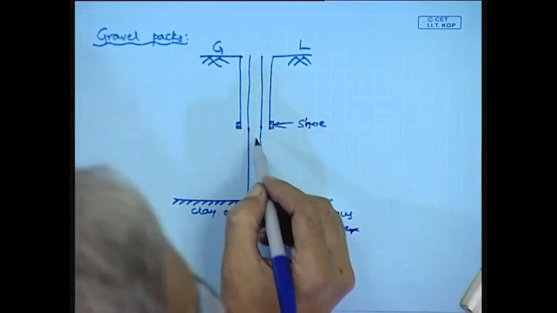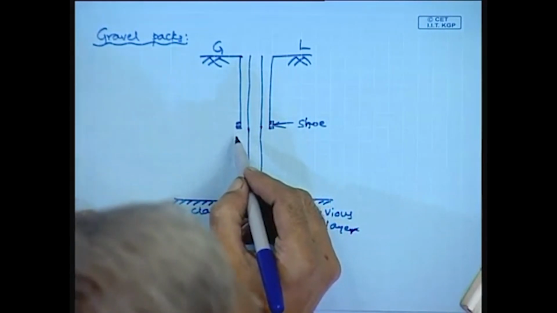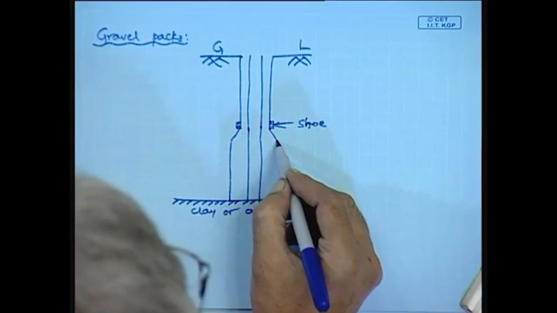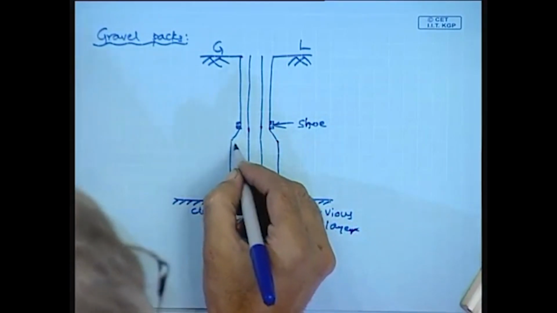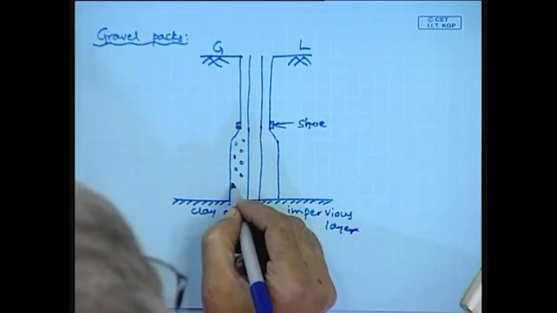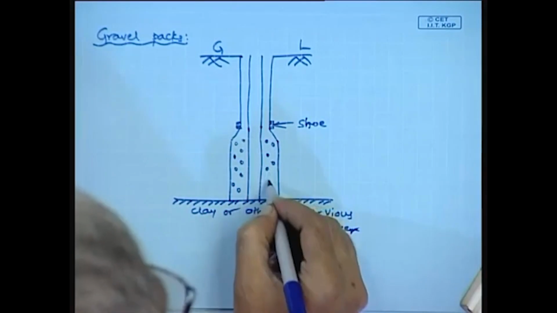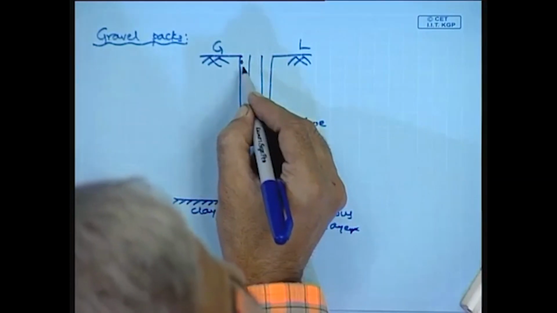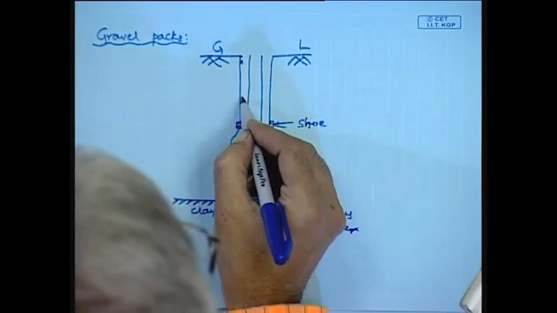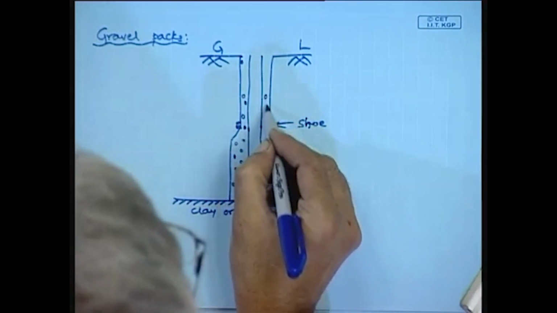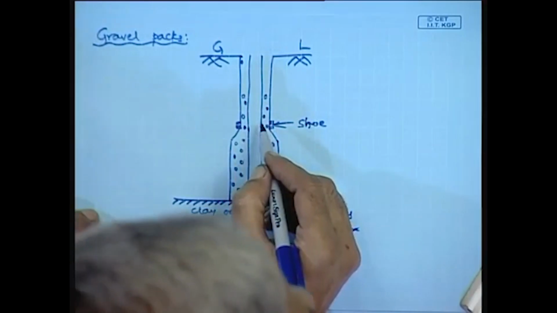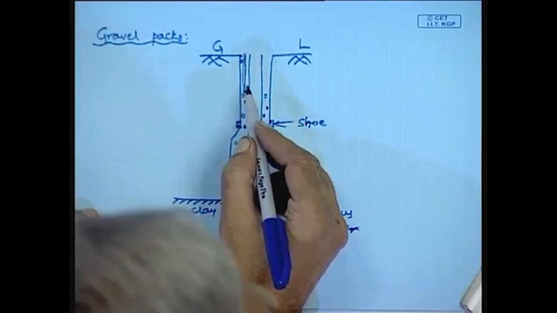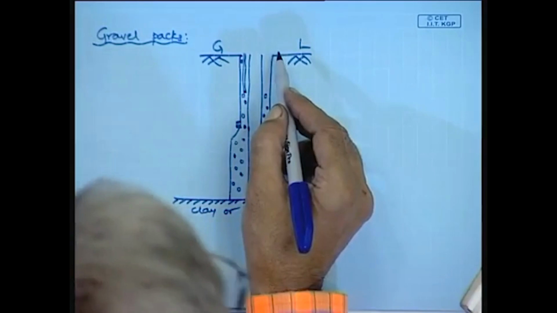And here you can say this is the gravel pack around it. And here this is the well cap.